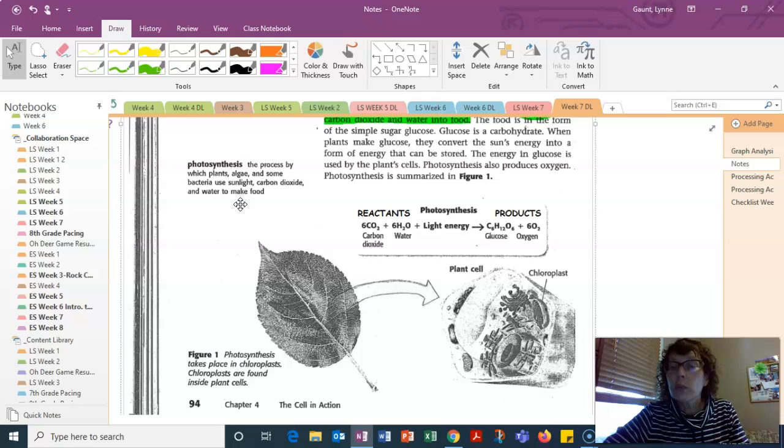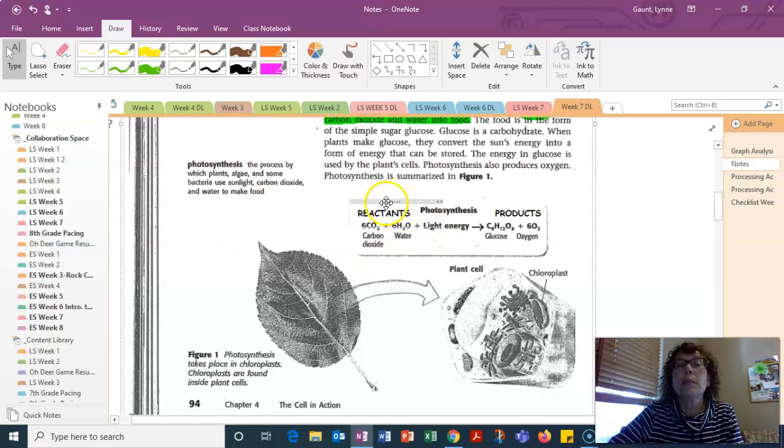That's a description of the process of photosynthesis. But photosynthesis is actually a chemical reaction that happens inside plant cells. And since it's a chemical reaction, it can also be described as a chemical equation.